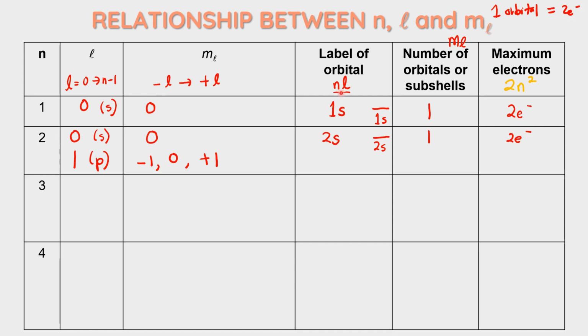So for the level of orbital, which is nL, it will be 2p. So how many orbitals or subshells do we have in 2p? So you have to refer to the value of ML, which is here. Seeing we have 3 numbers over here, meaning that there are 3 subshells in 2p orbitals.